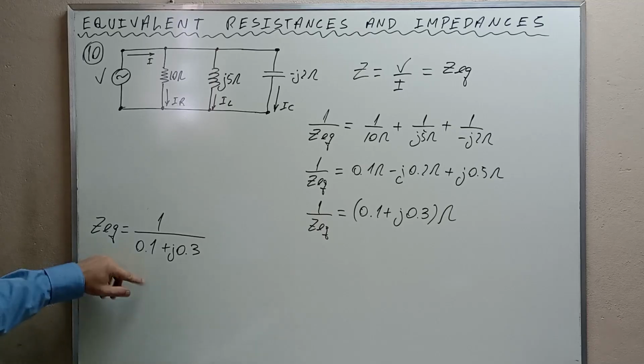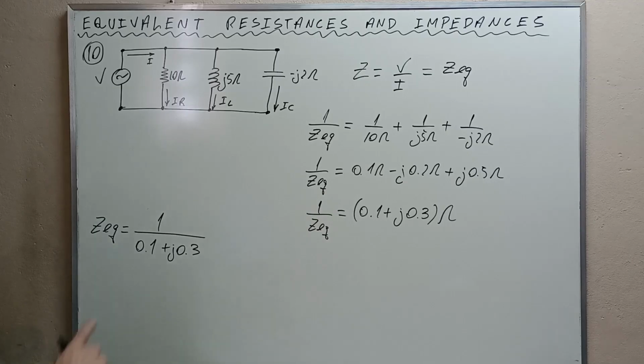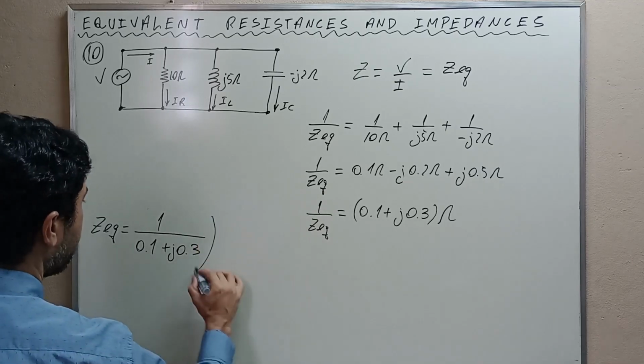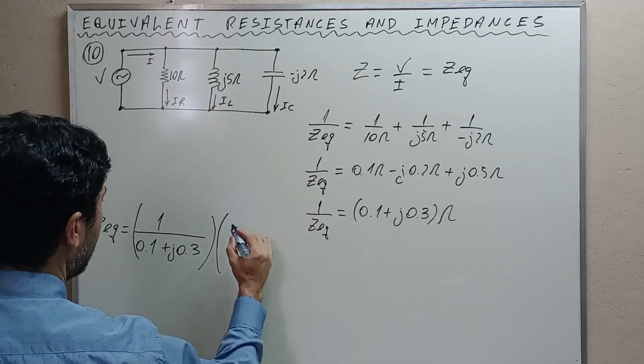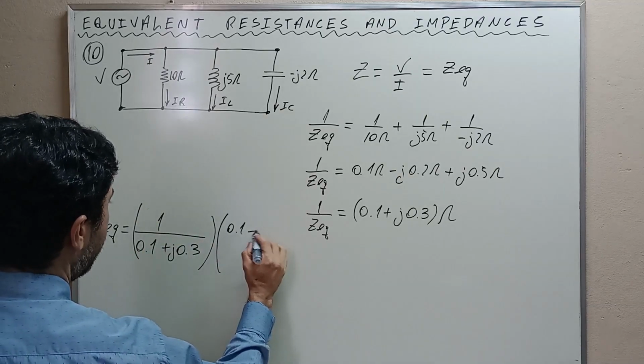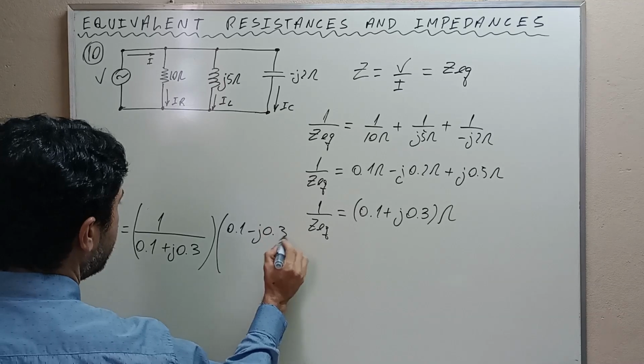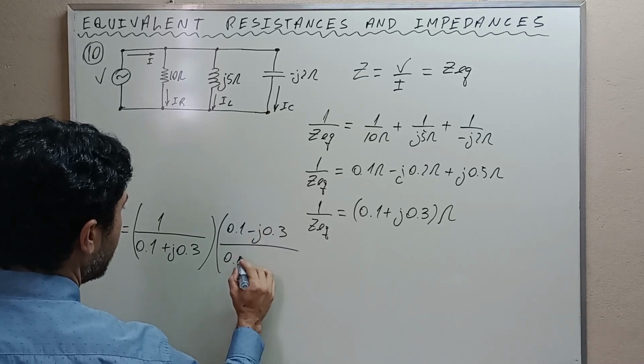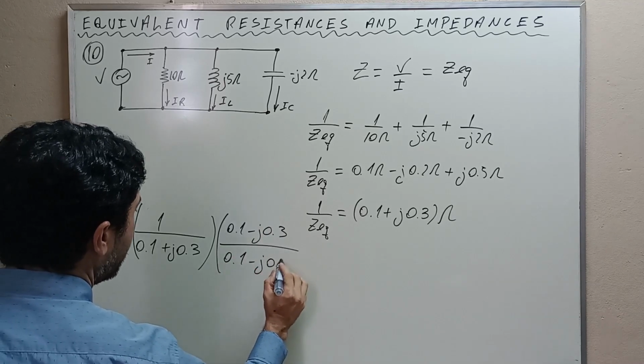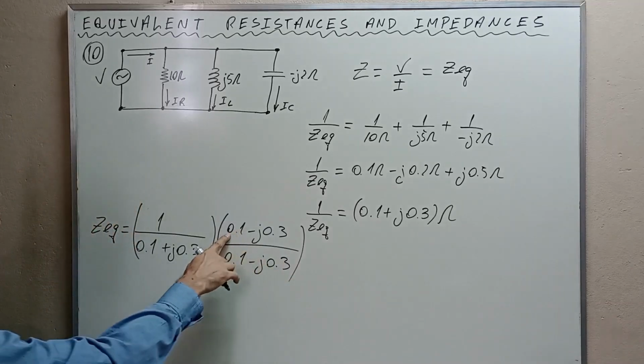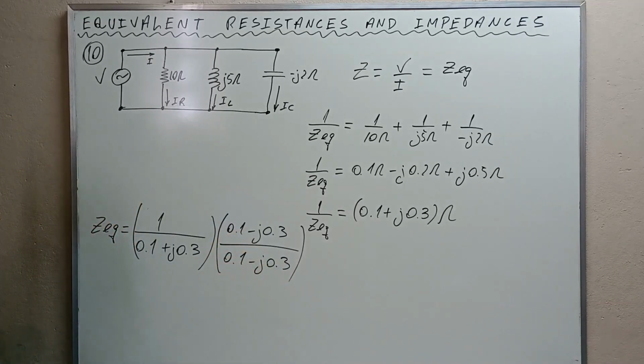We want to convert it to the numerator, and to do this we multiply by the complex conjugate of this number, 0.1 minus J 0.3, 0.1 minus J 0.3. A number divided by itself is 1. We can multiply anything by 1 without altering it.